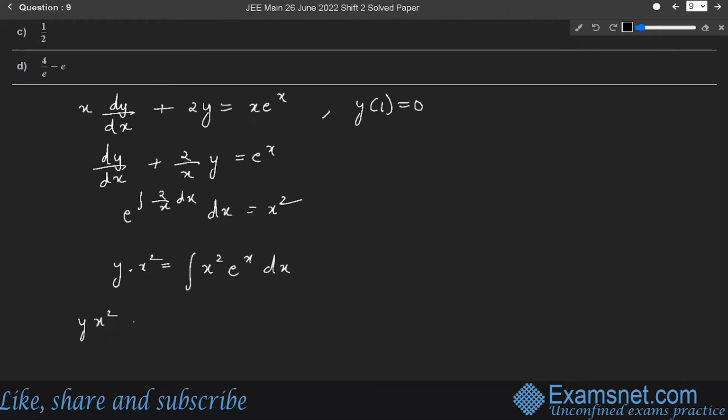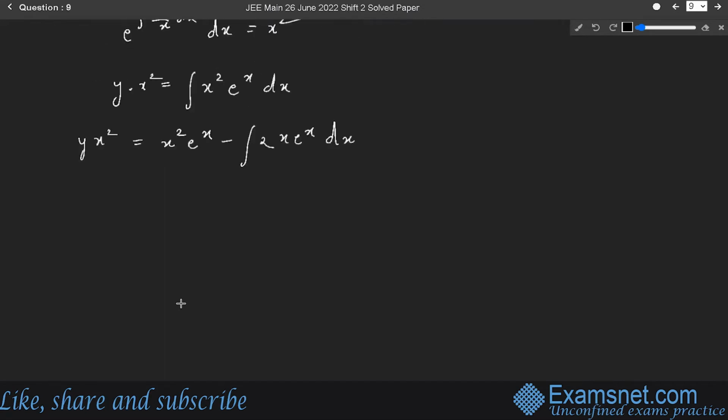So y·x² will be equal to x² e^x − ∫2x e^x dx. Again, this will be x² e^x − 2(x e^x − e^x) + c.